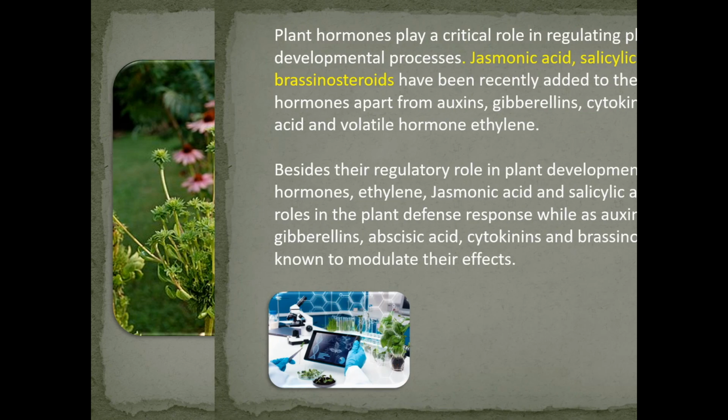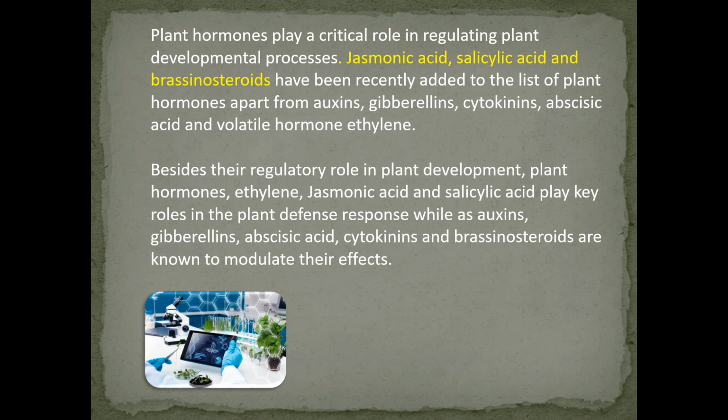Plant hormones play a crucial role in regulating developmental processes. For example, jasmonic acid, salicylic acid and brassinosteroid have recently been added to the list of plant hormones, apart from auxin, gibberellin, cytokinin, abscisic acid and the volatile hormone ethylene.